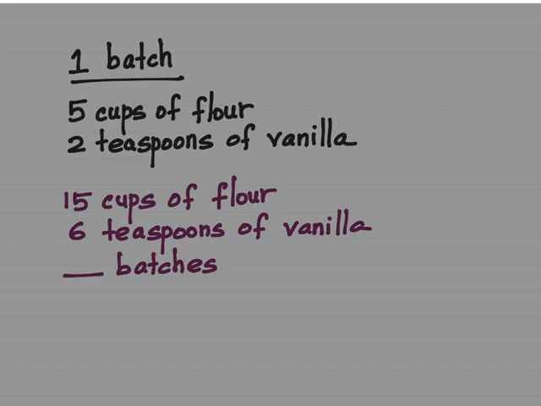The value of 5 becomes 15. 15 is 3 times bigger than 5. Similarly, the first value is 2 and the next value is 6. 6 is 3 times bigger. So with 15 cups of flour and 6 teaspoons of vanilla, we can make 3 batches.